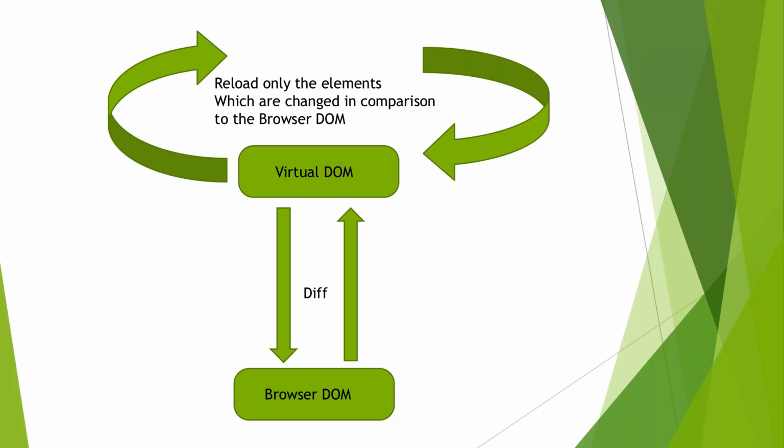Okay, this is something that you need before you get into state, because state variables use this property of React. So if you have any doubt in understanding what a virtual DOM is, or why do we need a virtual DOM, ask me right now, because once we get into state, you need to understand why we need a virtual DOM and how it does a diff and how it reloads those values.